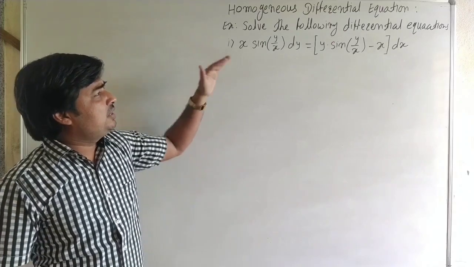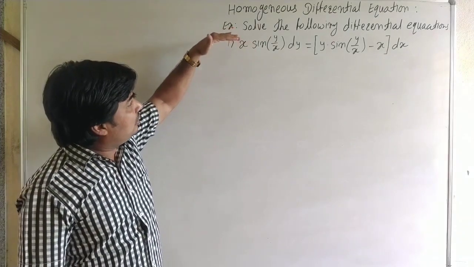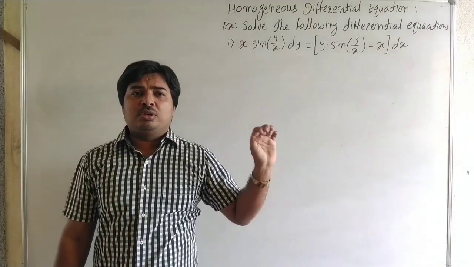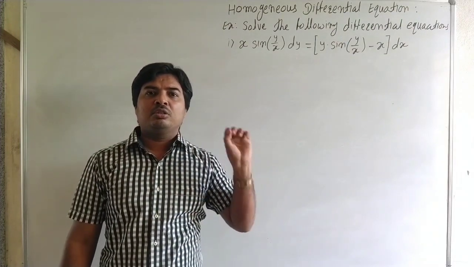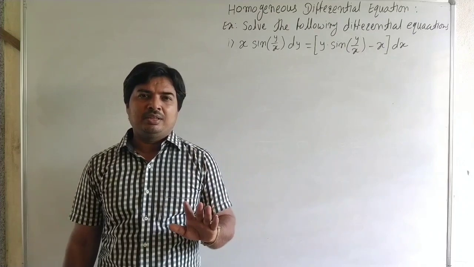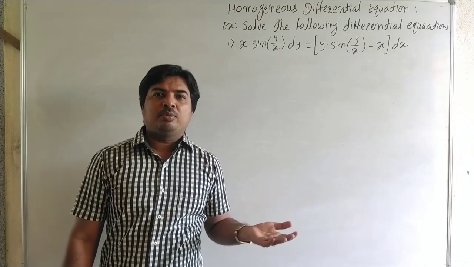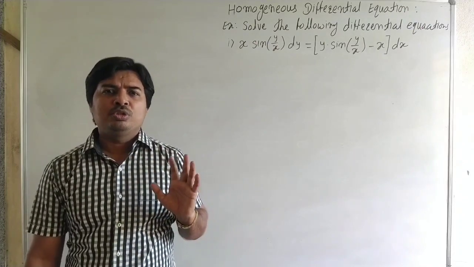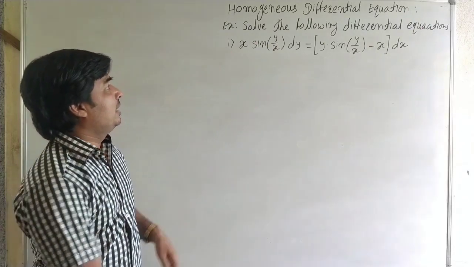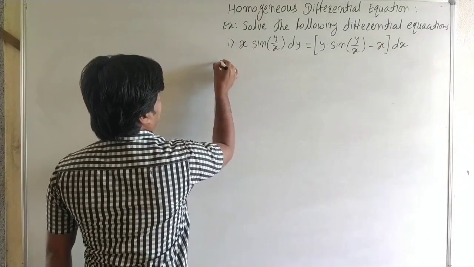Solve the following differential equation. The question is not asked in the form of solve the following homogeneous differential equation; the question asked is only to solve the following differential equation. We identify whether it is a variable separable form, or reducible to variable separable form, or a homogeneous differential equation.